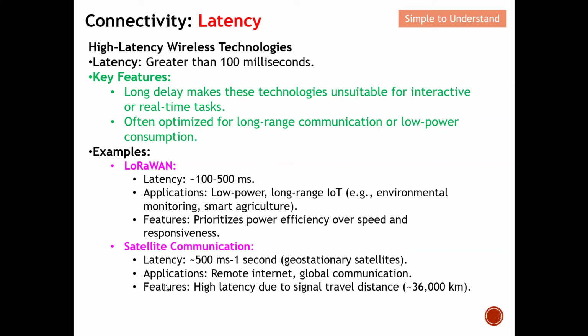The feature is that we are going to have high latency due to the signal travel distance. The satellite is so far away, which is 36 thousand kilometers away. So you anticipate high latency for this form of communication, satellite communication.